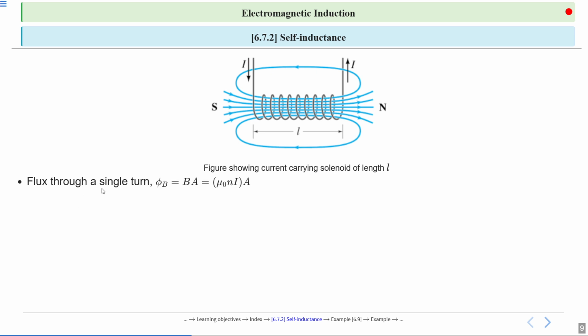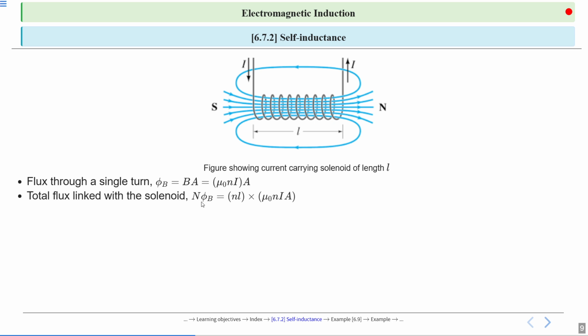So the flux through a single turn, phi B, is equal to B A, that is mu naught n I into A.